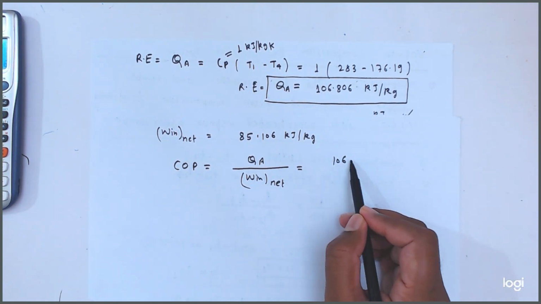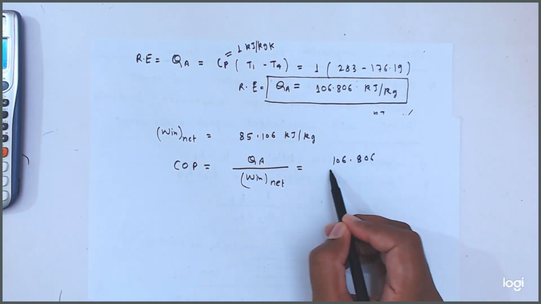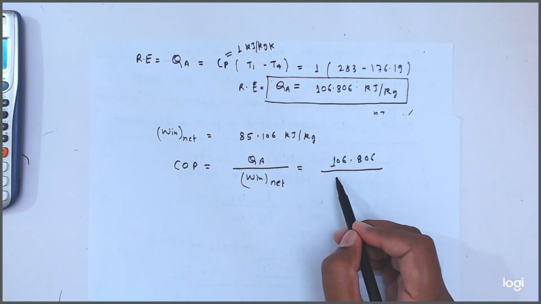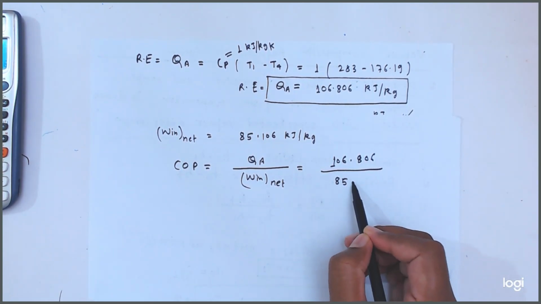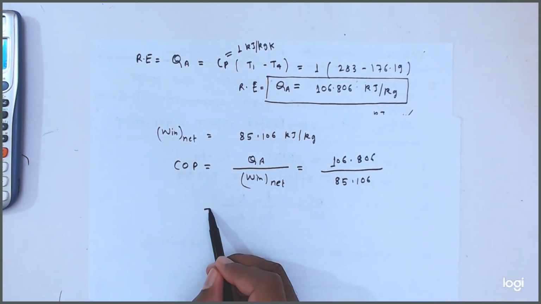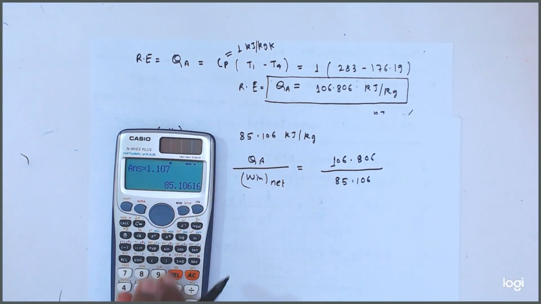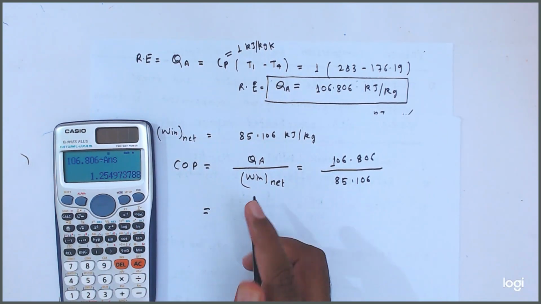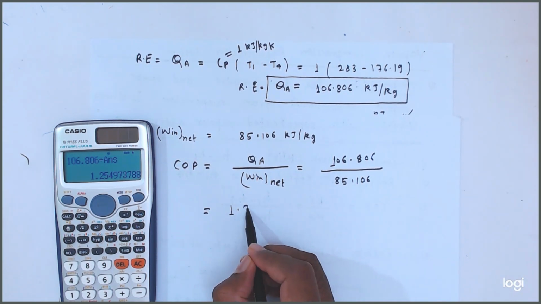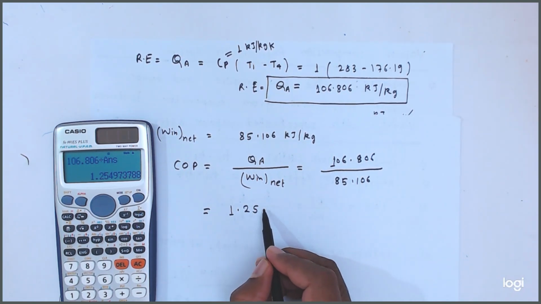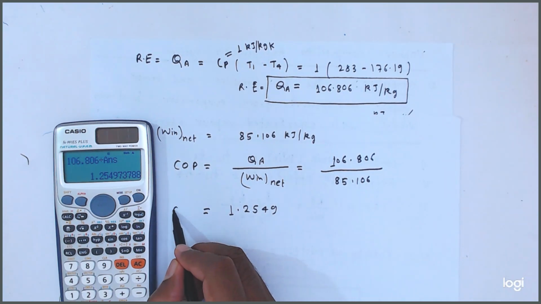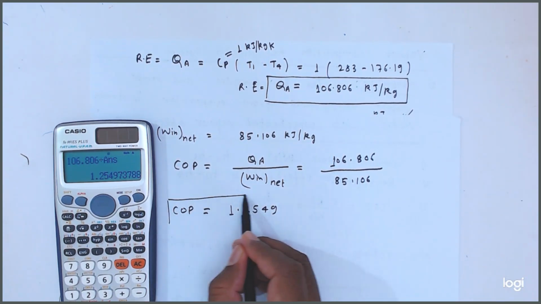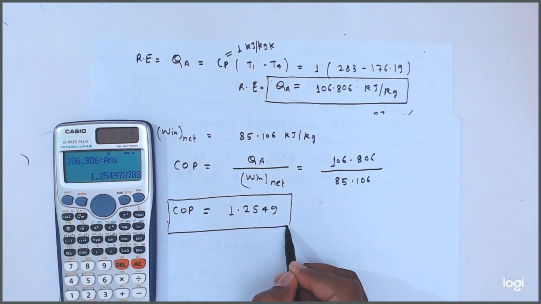So 106.806 divided by 85.106. So this is the result: 1.2549 is the COP. This is the answer.